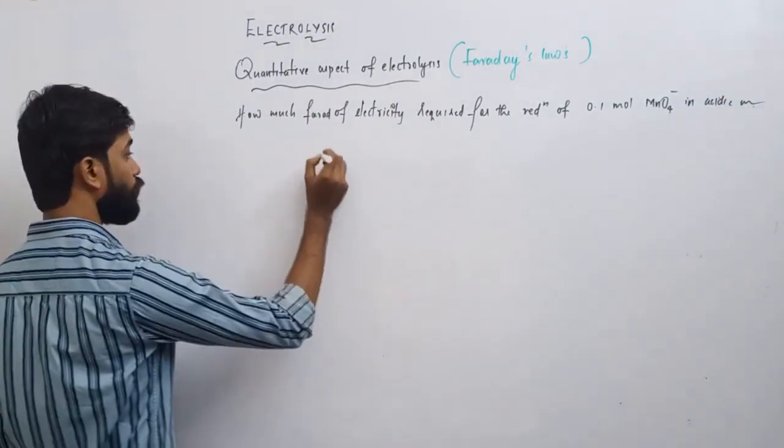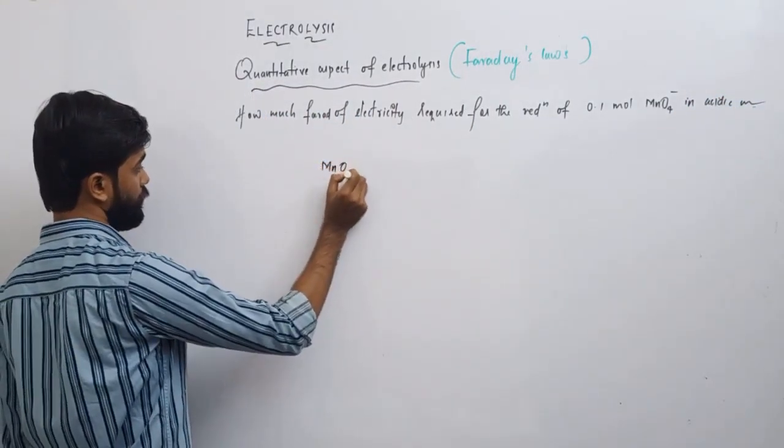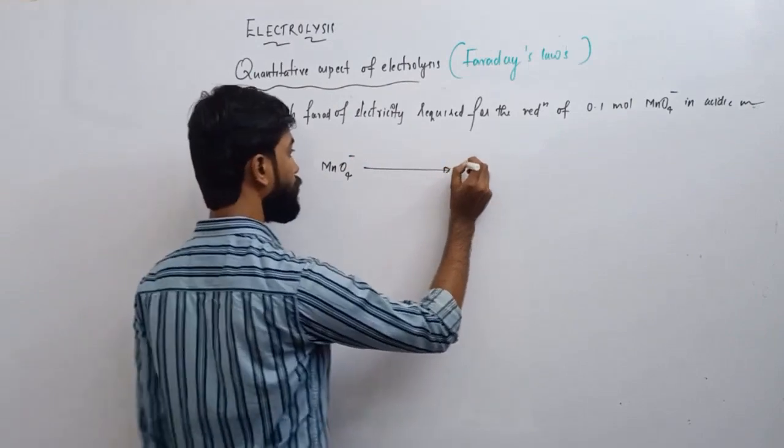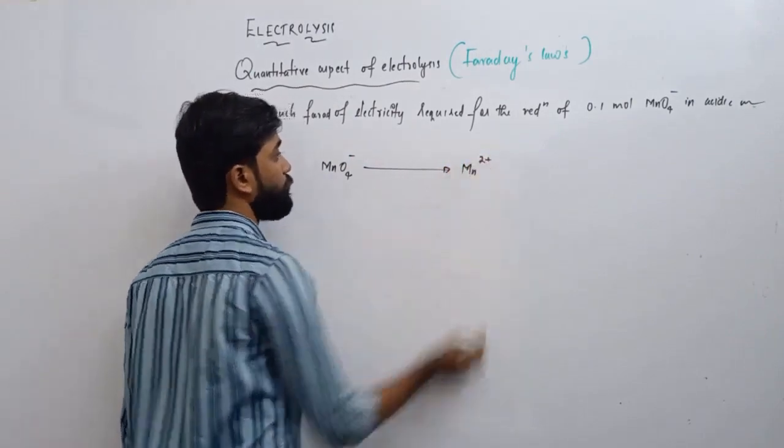So you have to know that the permanganate in acidic medium turns to Mn2 plus.